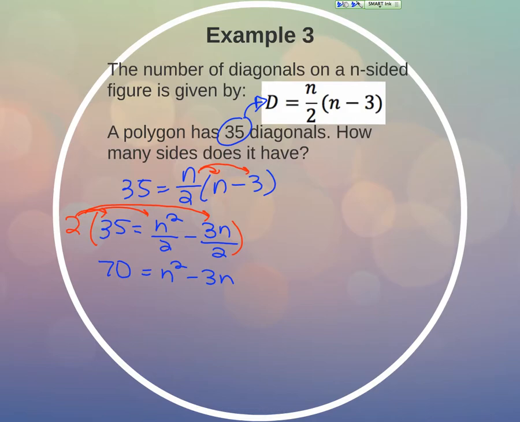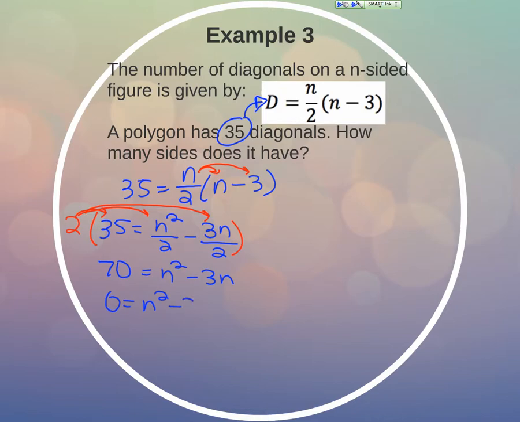Now this is looking like a quadratic that we can solve. I know we've seen that strategy before when we've had x in the denominator, in the first section, section 1A1, but it's the same kind of strategy here. I'm going to bring my 70 to the right because I like to keep my n squared positive.